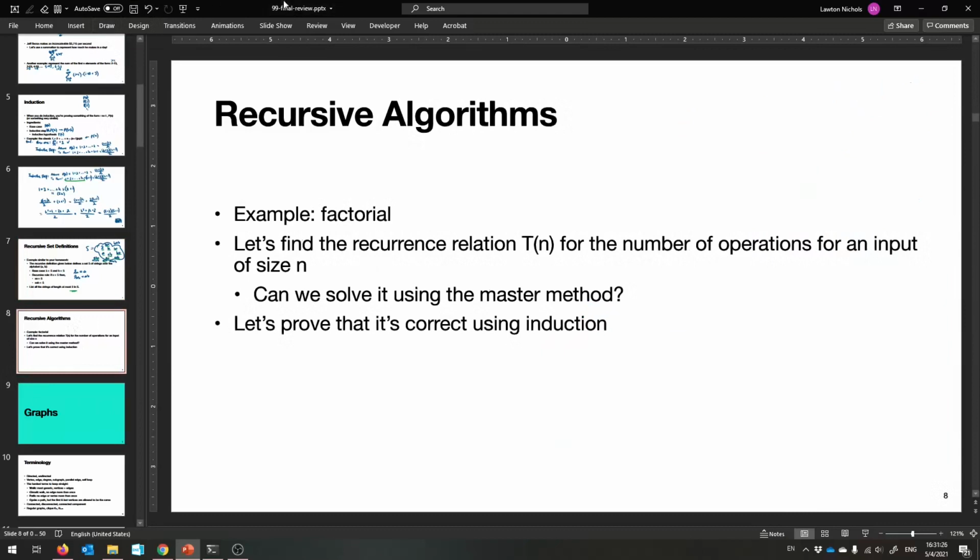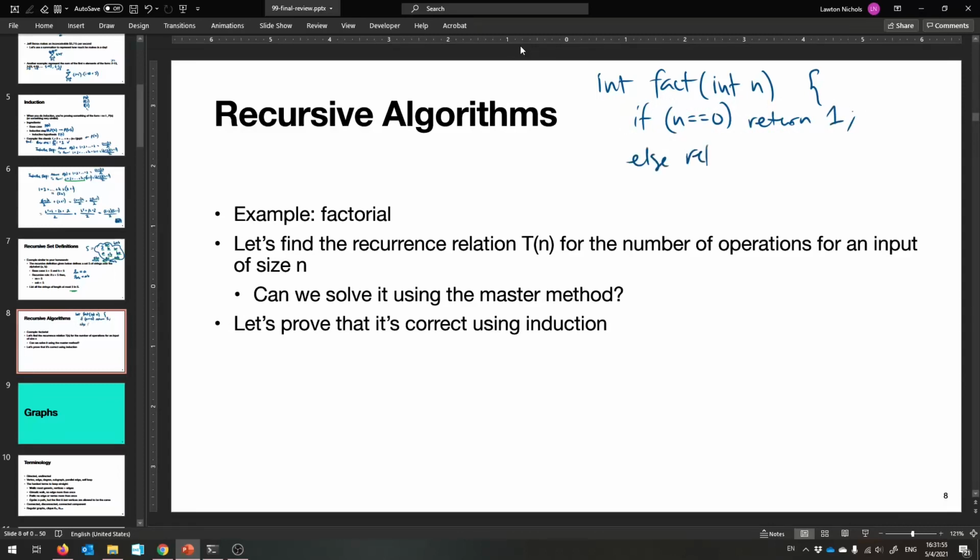So just remember that. And finally, that brings us to recursive algorithms, which we can prove correct using induction. So the common example is factorial. Let's just do it in C++. int factorial of a number n: base case, if n is 0, return 1, because factorial of 0 is always 1.